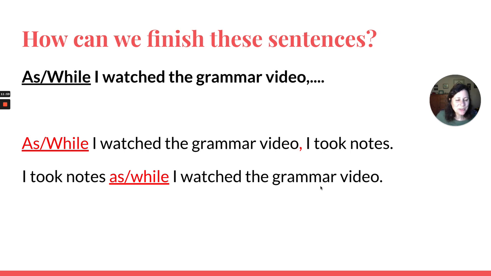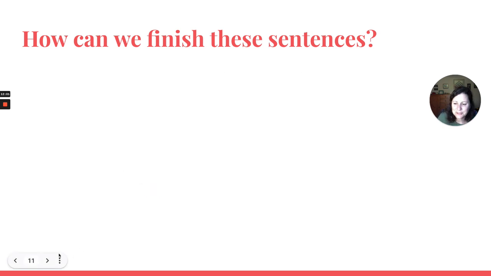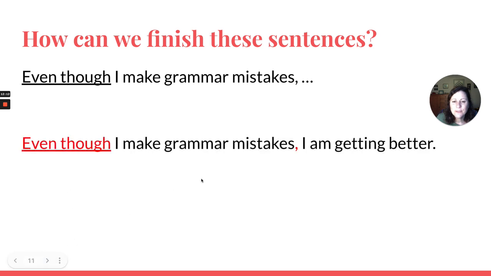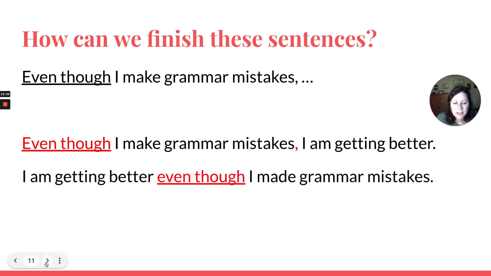You can change the word or the sentence structure. Let's practice another one. Even though I make grammar mistakes, or sometimes we say although. Even though I make grammar mistakes, comma, I'm getting better. And you can change the sentence structure and bring this to the front. I'm getting better even though I make grammar mistakes.